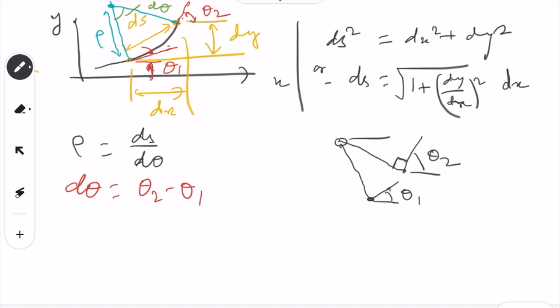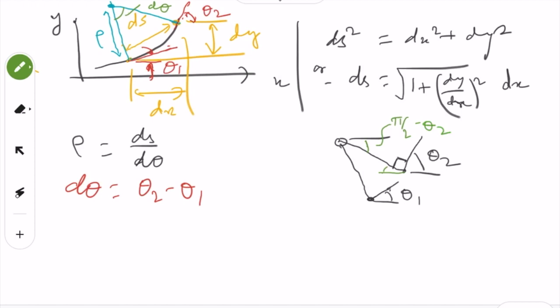So what is the value here? This is theta 2, so this angle and this angle will be the same. What I mean to say is this and this will be the same, and the value will be 90 minus theta 2, or pi over 2 minus theta 2.